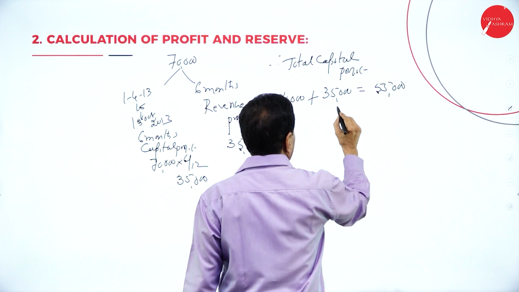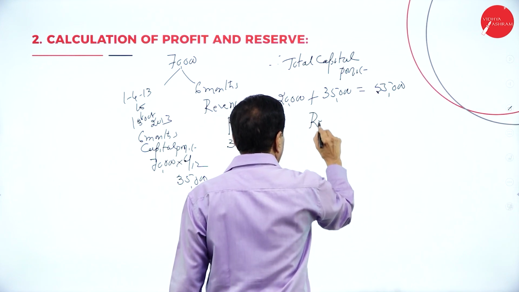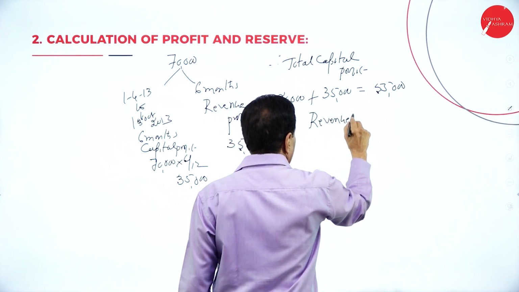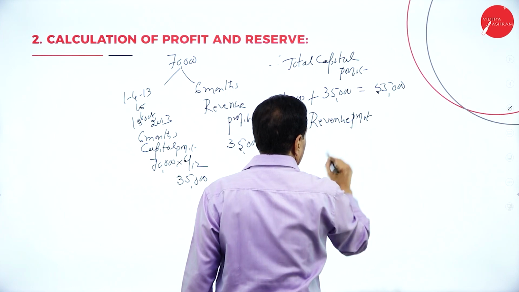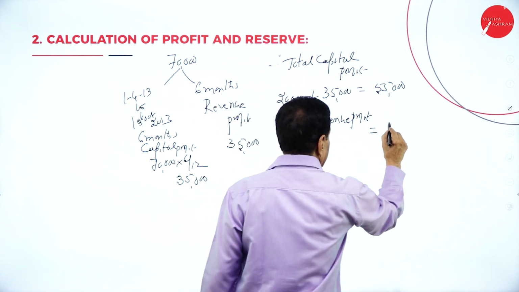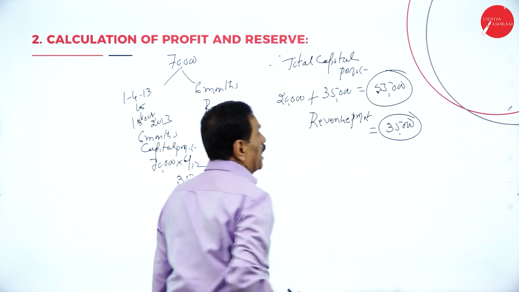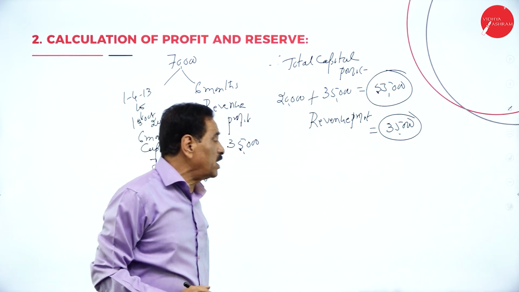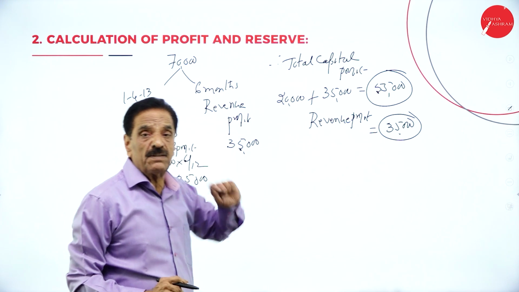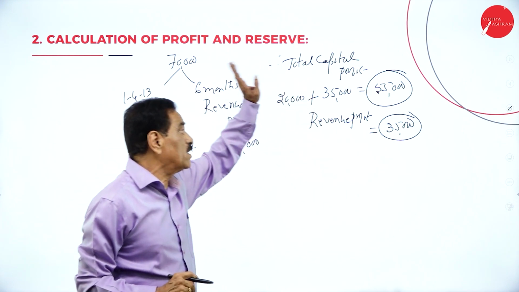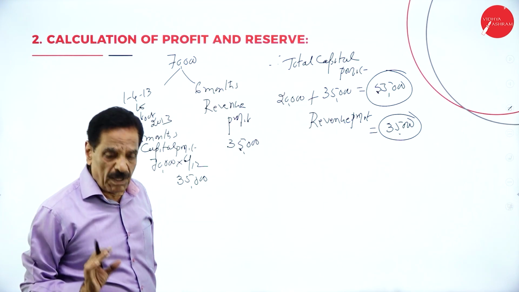Revenue profit, the balance, is another 35,000. So your capital profit is 55,000, your revenue profit is 35,000. Totally, if you add now, it is 90,000 of profit.